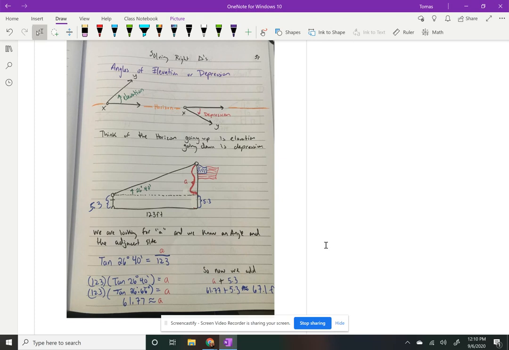Anything going up from there, like if you put your arm straight out and then pick up your arm above your head, going towards the sky, that would be the angle of elevation. But if you point towards the ground, going down, that'd be the angle of depression. Those are the two concepts that come up quite a bit.